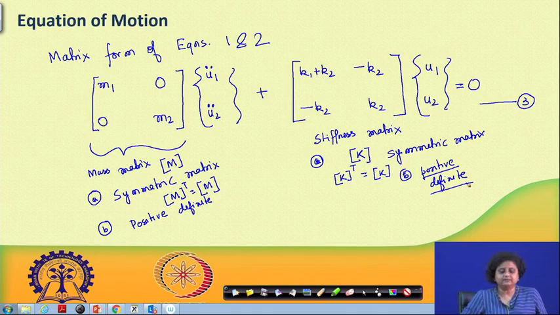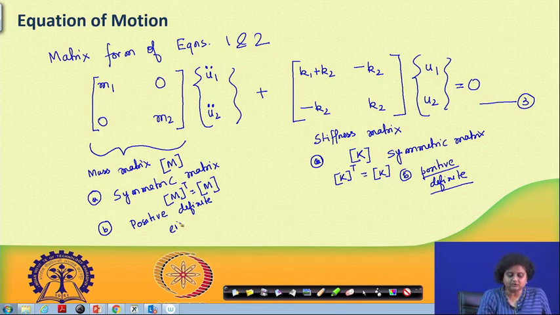It means that the eigenvalues of the matrix are always positive. If I find the eigenvalues of matrices M and K, they are always going to be greater than 0, since we are always dealing with linear systems.